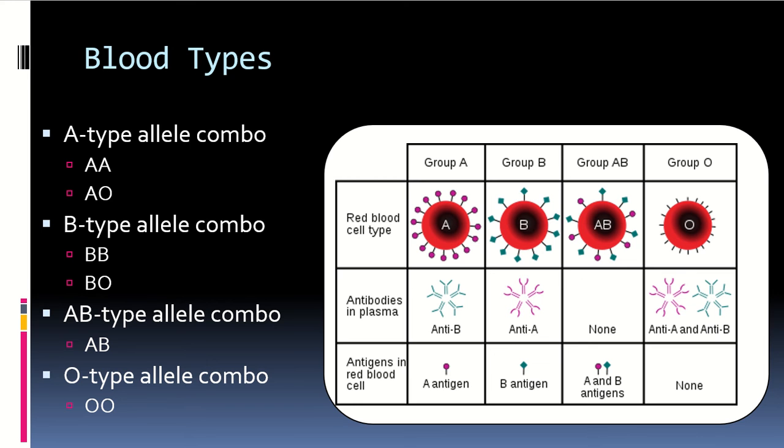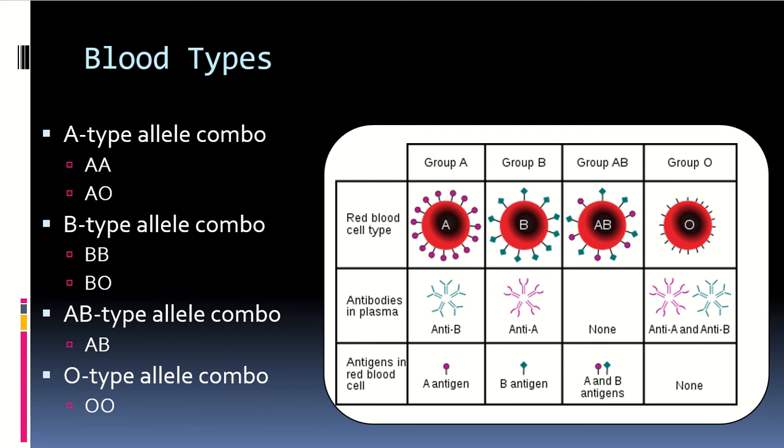Since A is dominant, it will show its traits and O will be a silent partner. It will not show its trait. Therefore, if you inherit an A and an O, your blood type will still be type A.